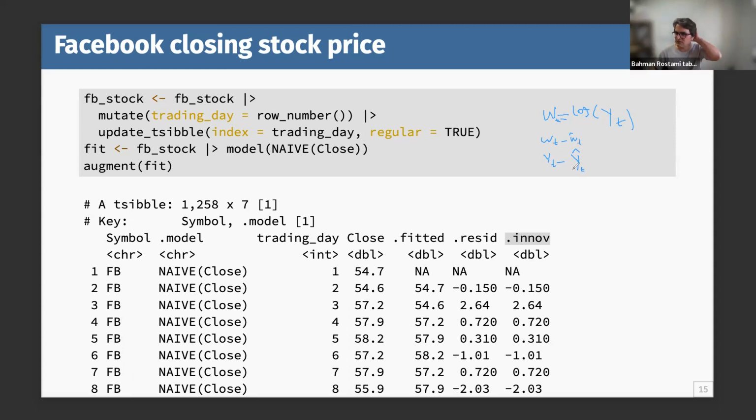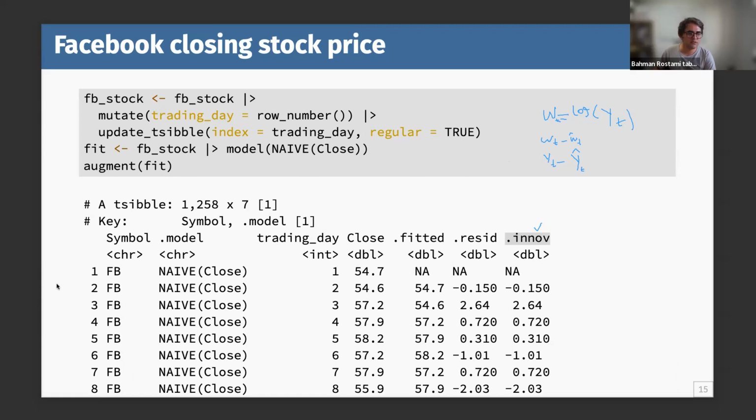So the difference between .innov and .resid comes from that. If you have a transformation for certain types of models, then this would be different. Otherwise, they are the same. We prefer to use .innov for the residual diagnostics and not .resid. So make a habit of using that one, even if they are similar.